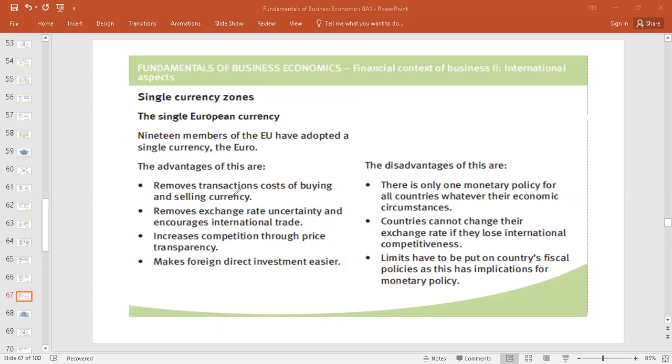Because everywhere it is the same currency in all the 19 countries, there would be no additional transaction cost. It removes transaction cost of buying and selling currency, removes exchange rate uncertainty, and encourages international trade. The fluctuation in exchange rate can be removed, and it encourages international trade. So all these 19 countries can trade with each other without any issue of exchange rate.